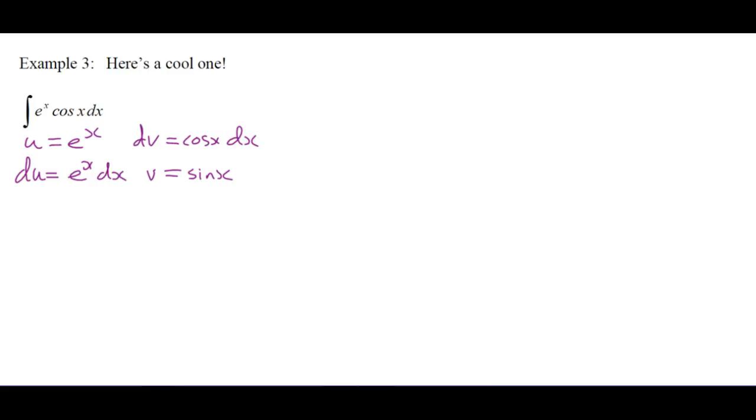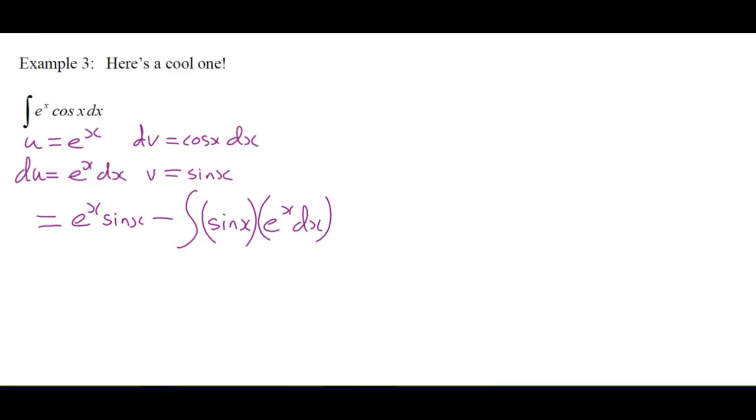All right, so what's the integral? It's u times v, so e to the x sine x, minus the integral of v, sine x, du, which is e to the x dx. Well, now we've got another product.